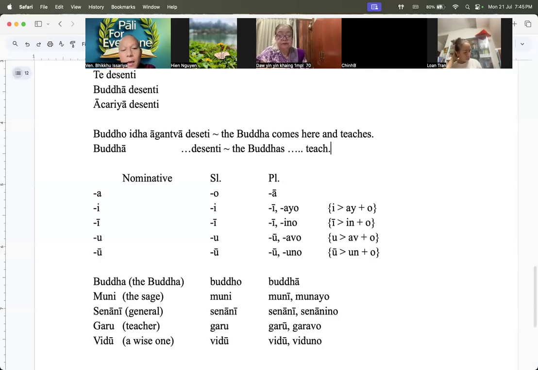So Buddha idha agantva desenti, and Muni idha agantva desenti, or Muniyo idha agantva desenti: the sages come here and teach. Senani or Senanino idha agantva desenti, and Guru or Garavo idha agantva desenti. So Viddu or Viddunno idha agantva desenti.